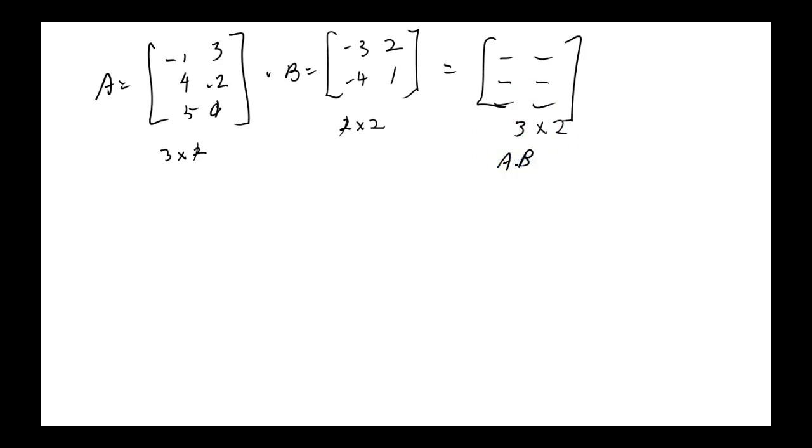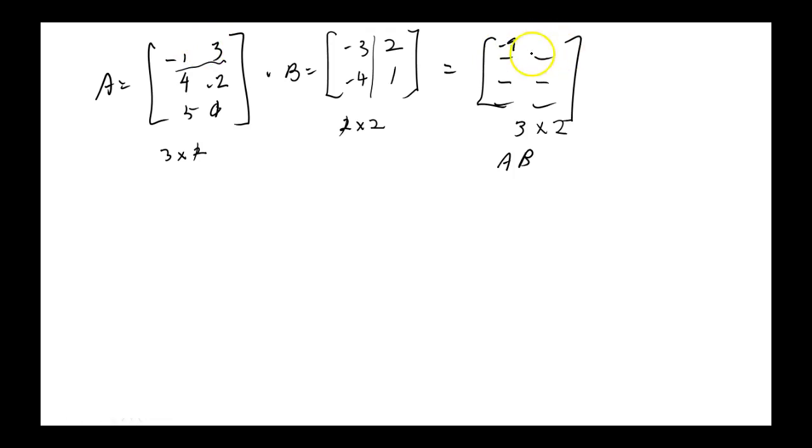Okay? Now, the first entry is a 1, 1 entry. To get your 1, 1 entry, you take the first row of A by the first column of B, multiply and add. That would be -1 times -3 is +3, plus 3 times -4 is -12. +3 minus 12 is -9.